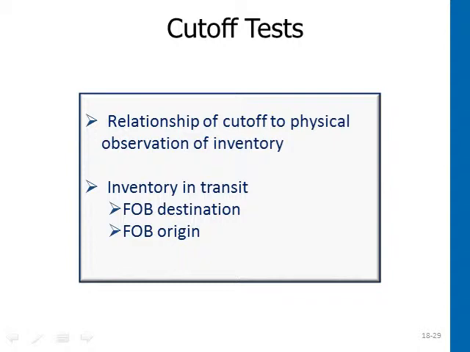We're looking at how items were shipped to us, and based on the terms and conditions of that shipping, such as FOB or free on board, destination versus origin, were the account balances correctly reflected to include the terms and conditions of those two very different shipping methods.